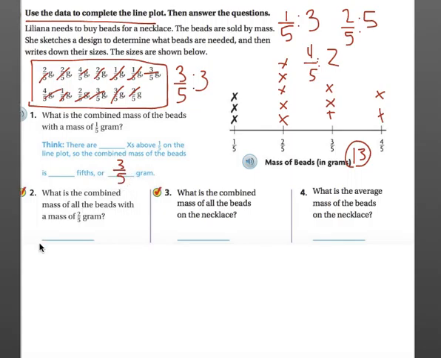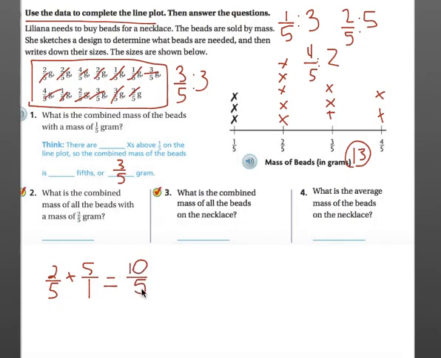3/5. My second question is, what is the combined mass of all the beads with a mass of 2/5? So what I'm going to do is take my 2/5 and multiply it by how many beads I have that are 2/5 grams. And I have 1, 2, 3, 4, 5. There were 5 beads that were 2/5. So if I multiply 5 times 2/5, 5 times 2 is 10, and 5 times 1 is 5.